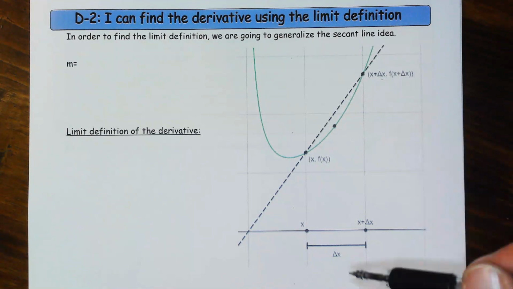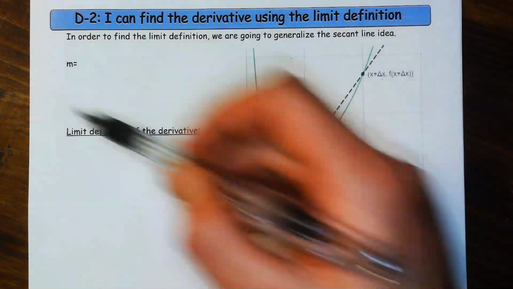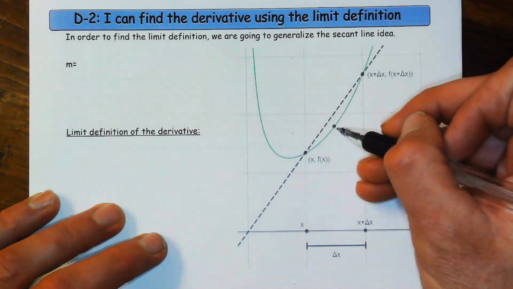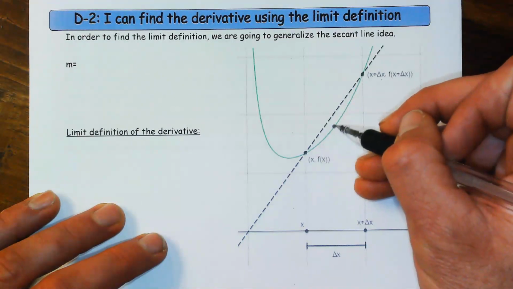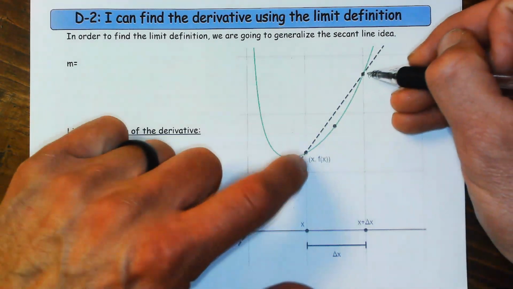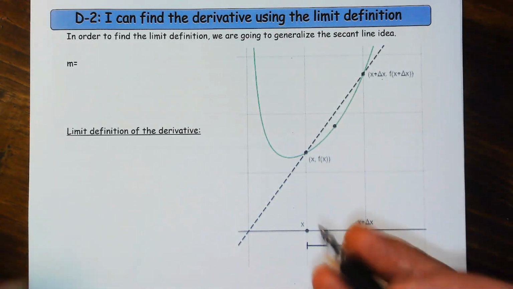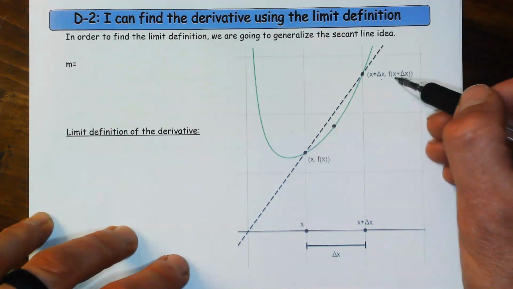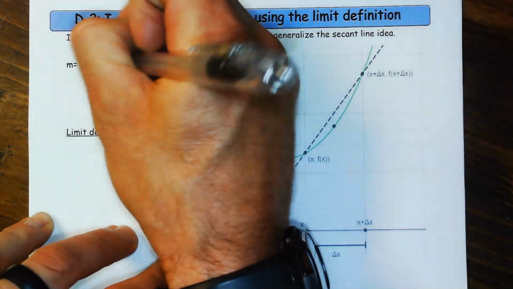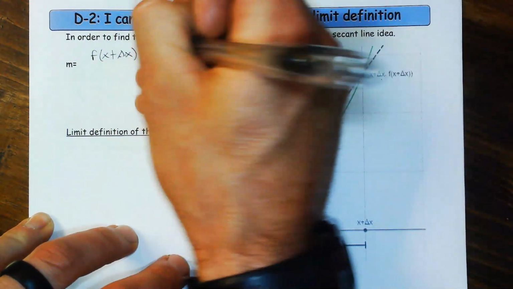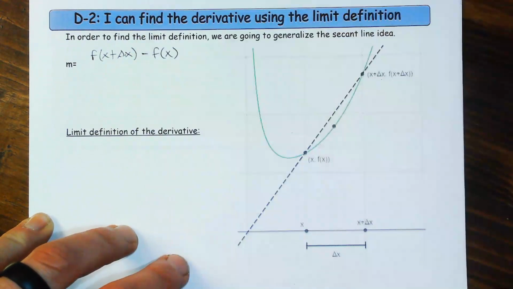Okay. So as I go through, I'm going to use the regular slope formula to come up with a way of looking at this. And then we'll take the idea a little bit further. Remember, this is the point right here that I actually care about, and I'm just using these 2 points to get me there. So if I take y2, that would be f of x plus delta x, and subtract off y1, f of x.